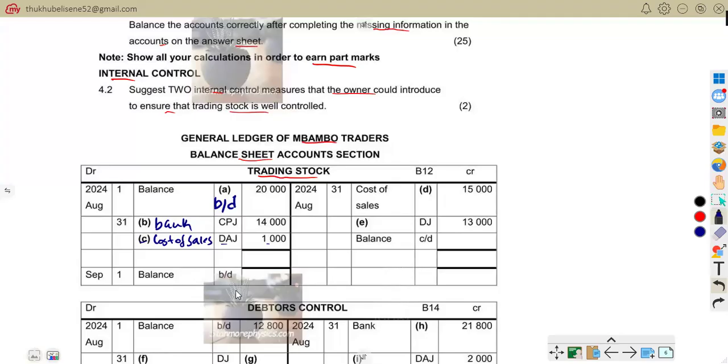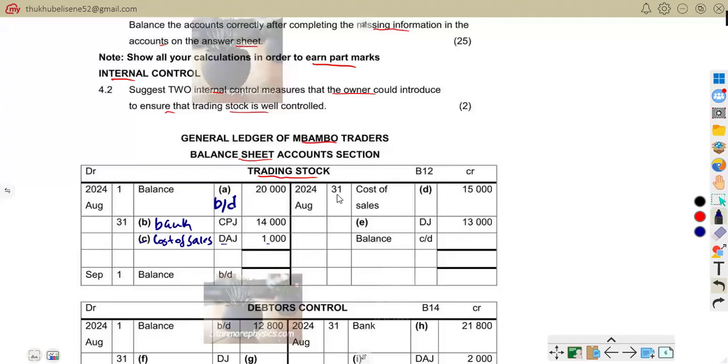Because you are talking about returns. Once you are talking about debtors allowance journal, we are talking about the returns. When stock leaves the business, it reduces the stock. So any reduction linked to goods is equal to cost of sales. So that is where we are to label it cost of sales. So that is the correct answer.